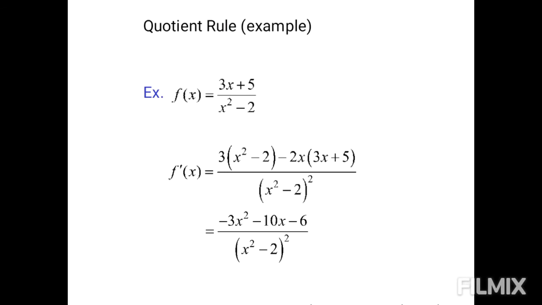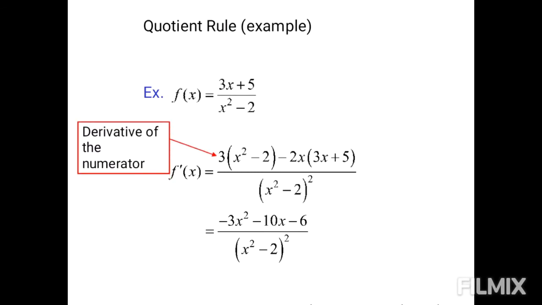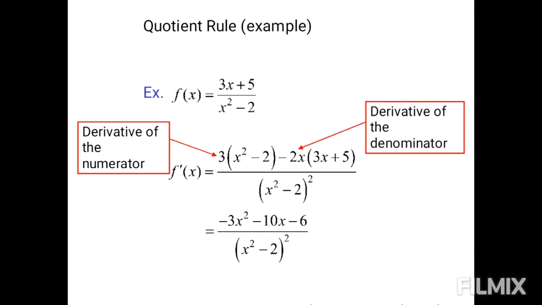Here we have the quantity x squared minus 2 raised to 2, or squared. We used the derivative of the numerator and the derivative of the denominator, and this will be our final answer for finding the derivative. You don't have to expand this denominator because it is in the simplest form already.